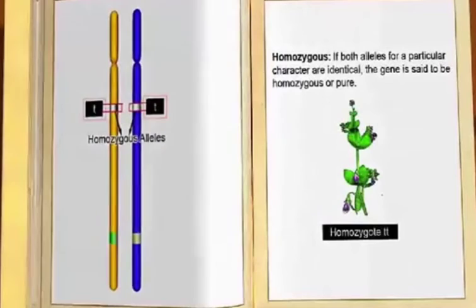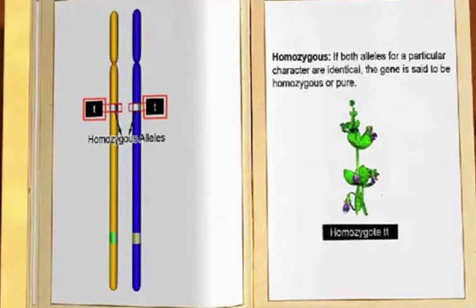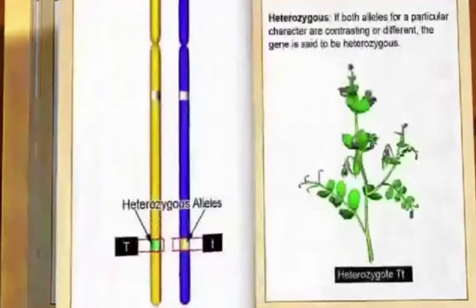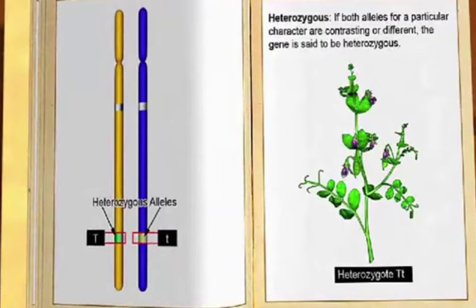If these two alleles for a particular character are identical, the gene is said to be homozygous or pure, and the individual is called a homozygote. On the other hand, if the individual or organism possesses two contrasting alleles in a pair, the gene is said to be heterozygous and the individual is called a heterozygote.